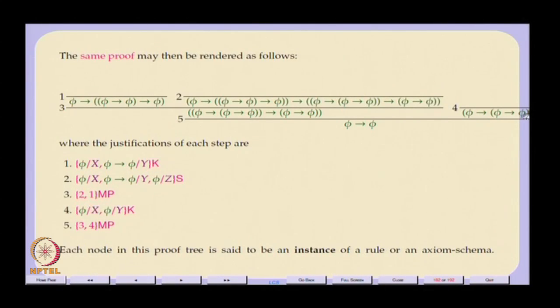This is a separate leaf node which was actually obtained as an instance of the axiom schema K, and this line segment 5, which derives phi arrow phi, essentially spans these two steps on which the modus ponens rule was used. So, we will look at proofs essentially in this fashion.